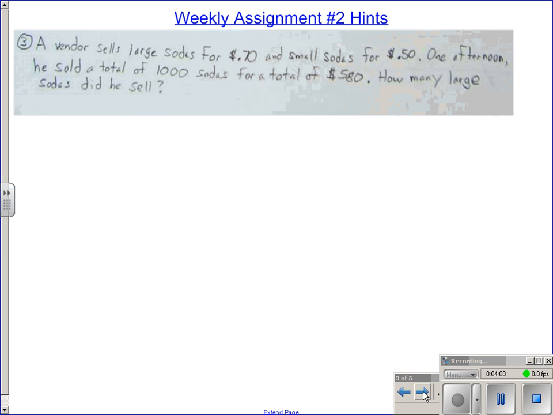So, if we let the large sodas be X and the small sodas be Y, it was 70 cents for each large soda, plus 50 cents for each small soda. If you take 0.7 times X, that's how much money was brought in for the large. 0.5 times Y is how much money was brought in for the small. When you add them up, that's the total number of dollars that was brought in.